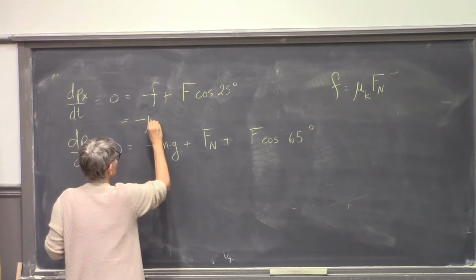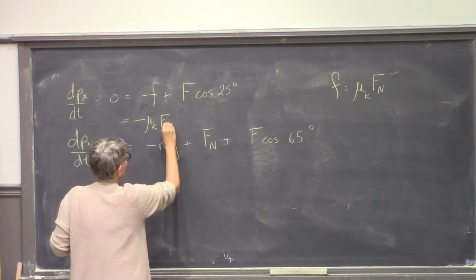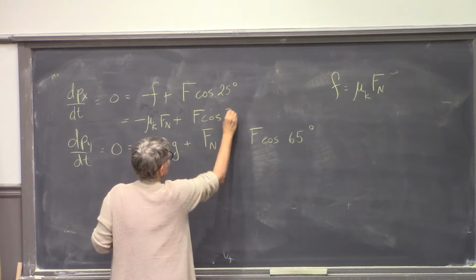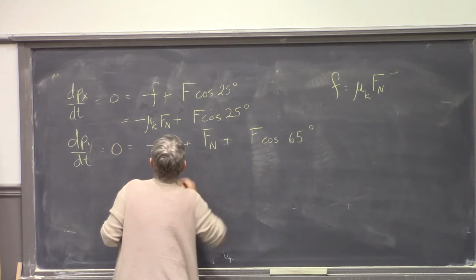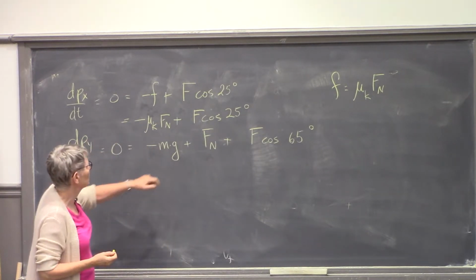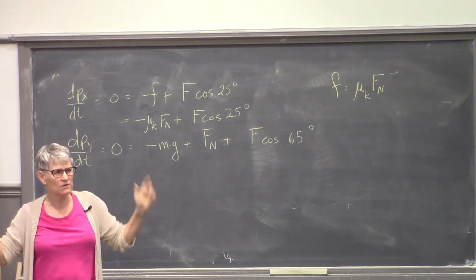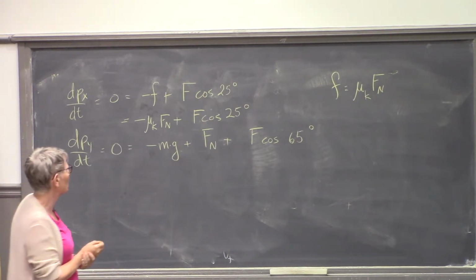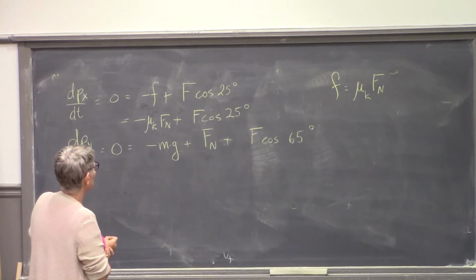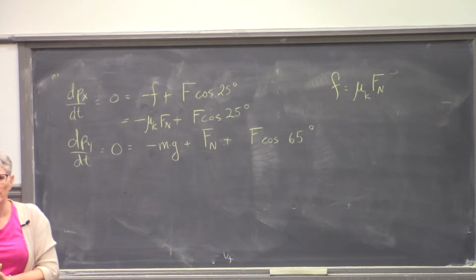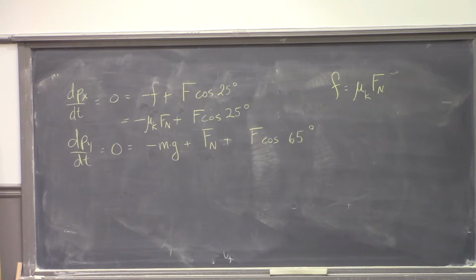We have a minus mu k F n plus F cosine of 25 degrees. And now we have two equations, two unknowns. We can solve. The rest is algebra.